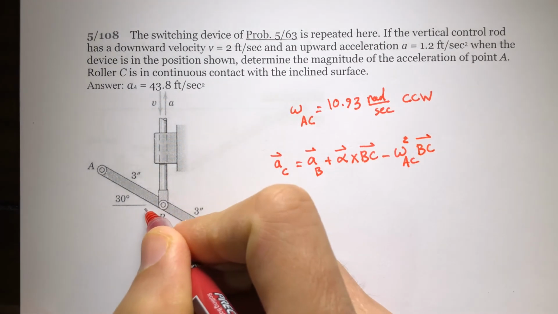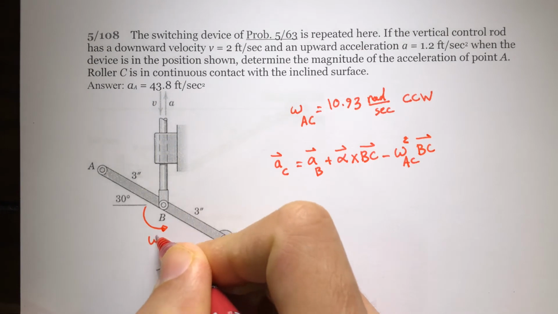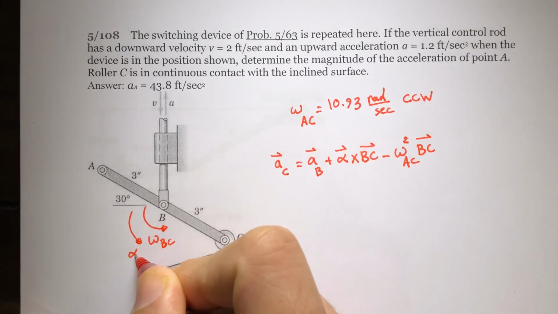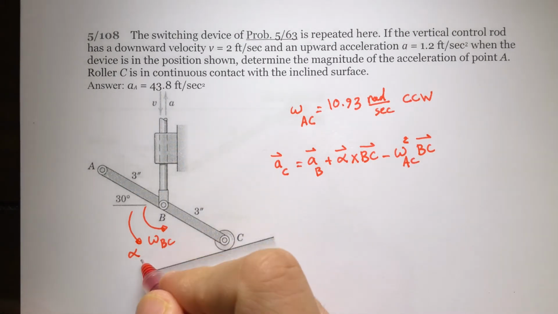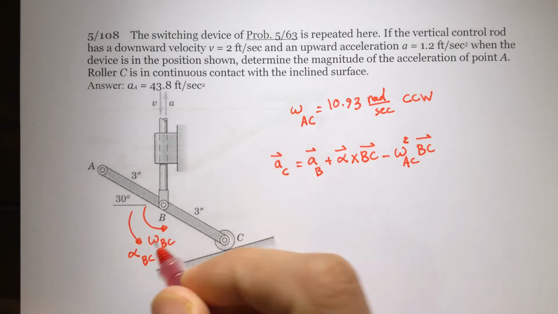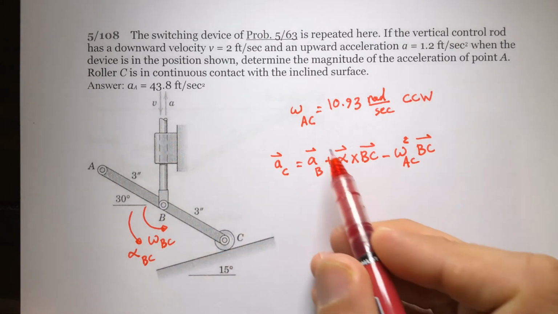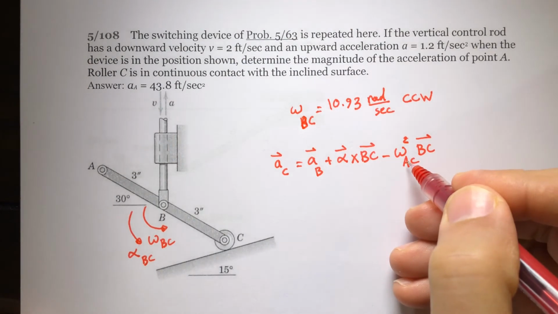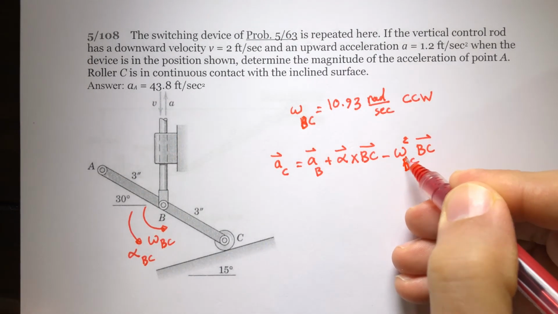So let me show that here too. This is omega of BC, and also I'm assuming alpha of BC is in the same direction too. Sorry, I called this BC, but here I called it AC. Let's make all of them BC. It doesn't really matter.